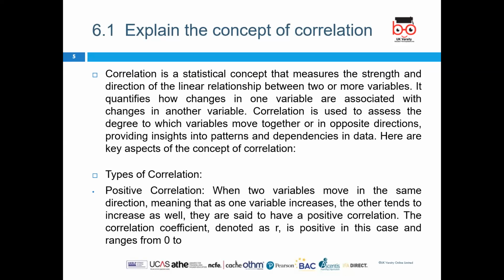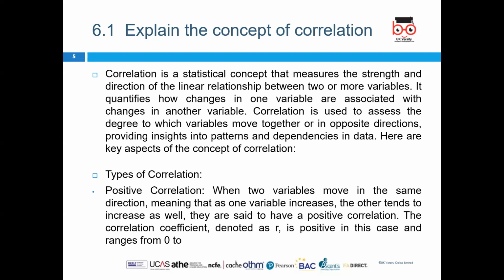It is used to assess the degree to which the variables move together, basically in the same direction or in opposite directions. It provides insights into data patterns with respect to two variables and the dependencies of the variables. There are different types of correlation.